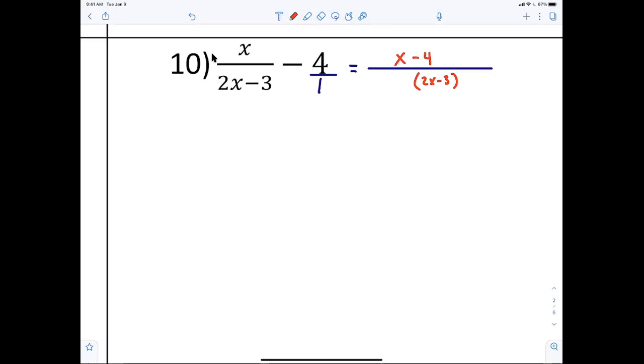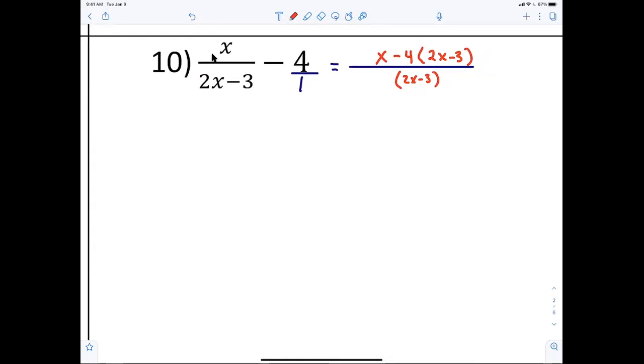But you're distributing a negative 4, and then that becomes 2x minus 3. Now I'm not done because I got to simplify. All right, and that's the step I'm saying you can skip if you wanted to. You could just write x minus 8x plus 12 over 2x minus 3.